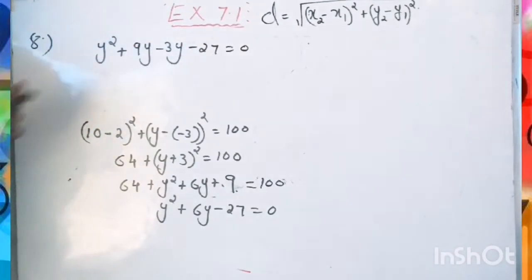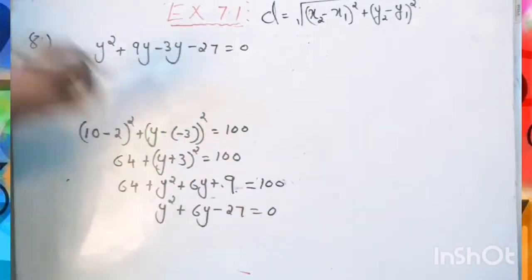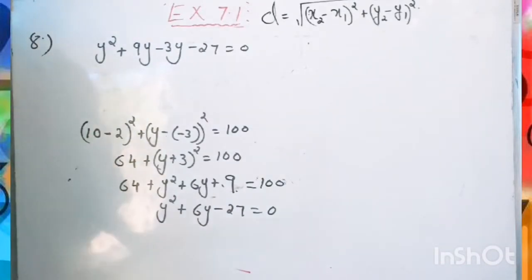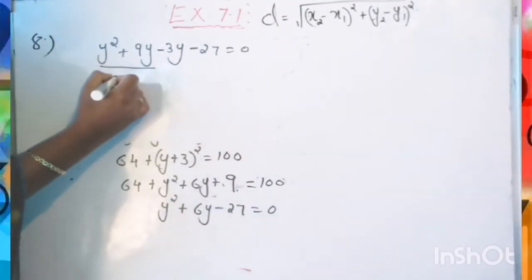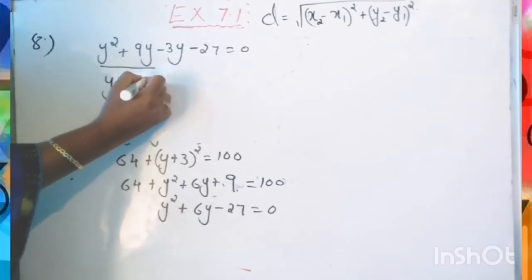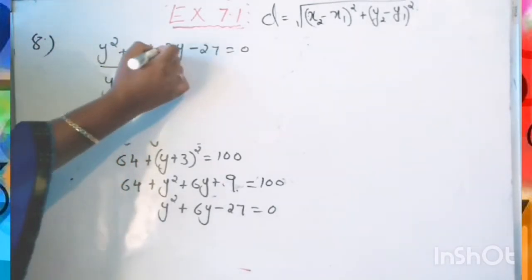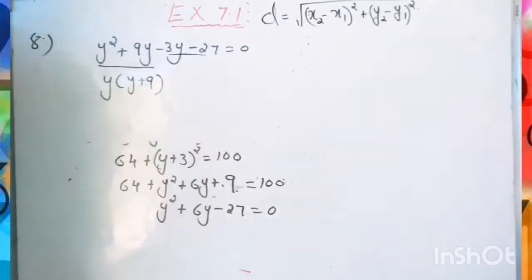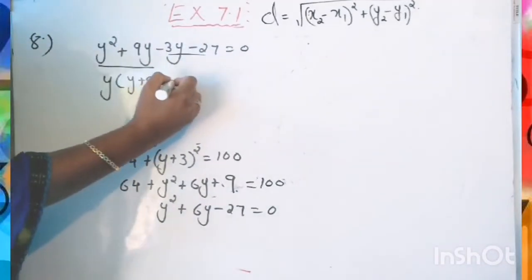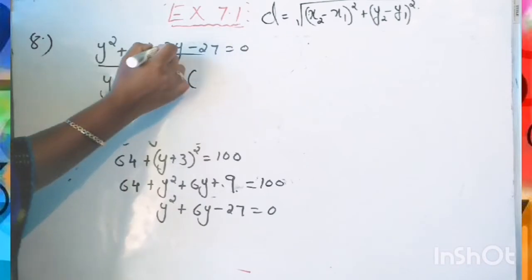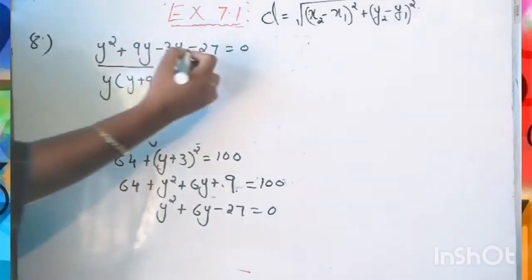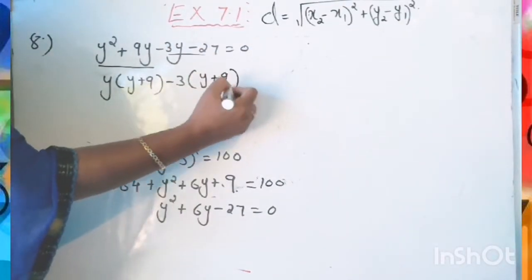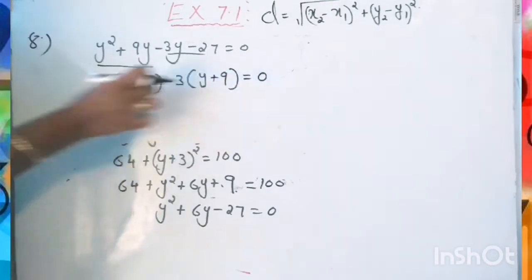From the first two terms, I am going to take y outside, that is y into y plus 9 we will get. In the second, these two terms, I am going to take minus 3 outside. So if we take minus 3 from this term, y will remain there, and here it is 9, equal to 0.